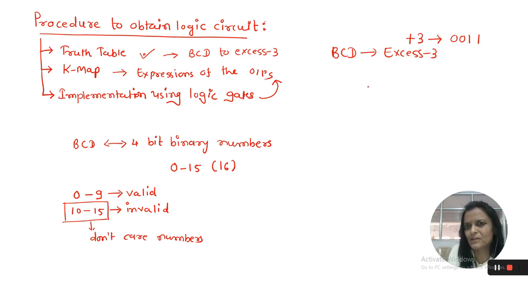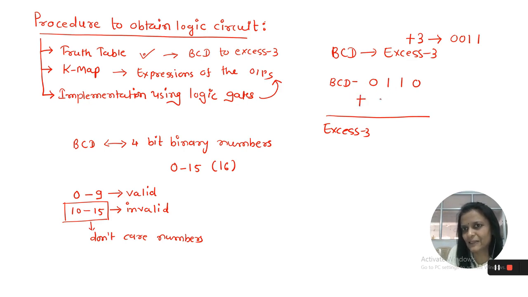For an example, suppose I am taking the BCD number 0110, and I want its XS3 equivalent. So I will add 3 to the BCD number, that is 0011.